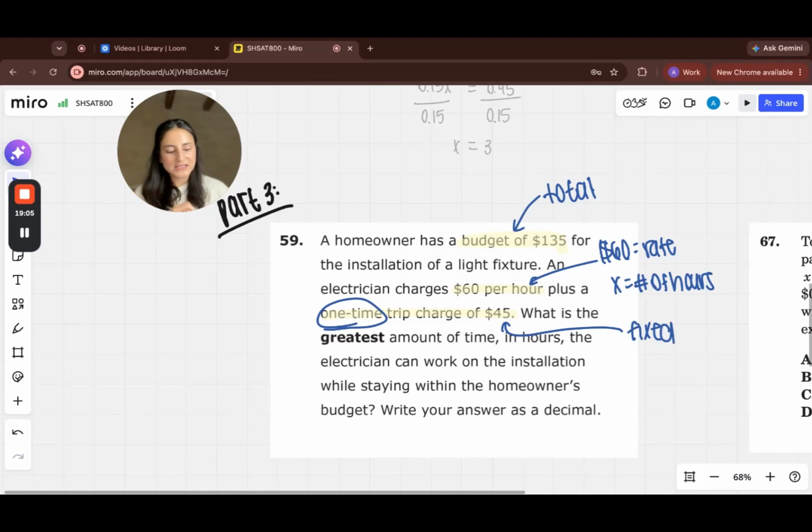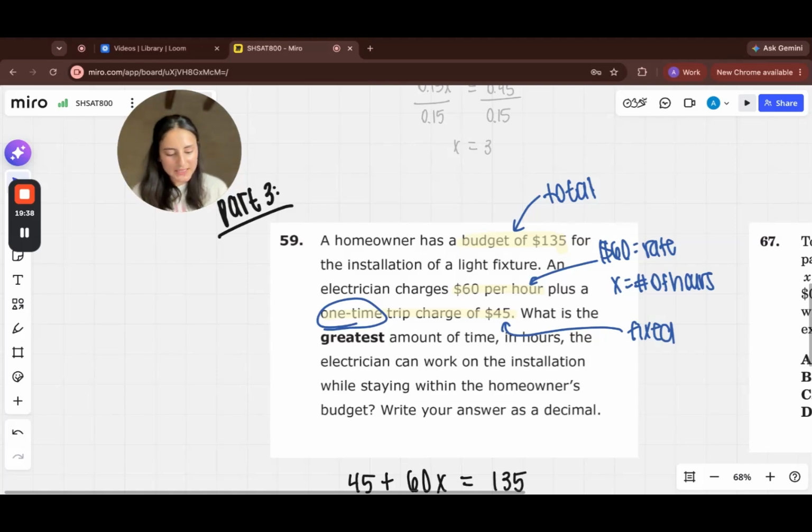So now let's read the question. What is the greatest amount of time in hours the electrician can work on the installation while staying within the homeowner's budget? It asks us to write our answer as a decimal. So let's go ahead and set up the main parts. We always have fixed plus the rate times variable and then the total on the other side. So we can start writing this as 45 plus 60x is equal to a total of 135.